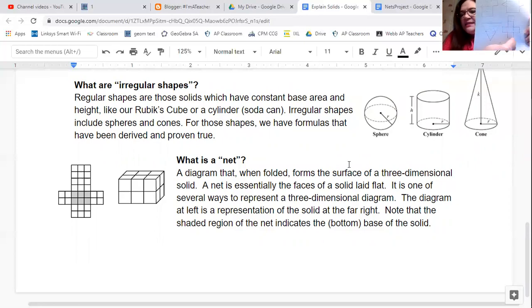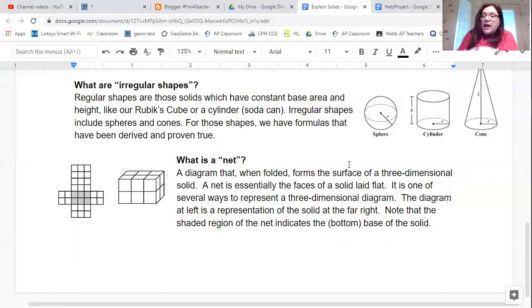Now, if I cut this out and fold it all back together, I'm going to have a cube. So a net is just the diagram. It just lays flat in 2 dimensions, but when you cut it out and fold it, it turns into the 3-dimensional thing that you're trying to figure out the surface area or volume of.